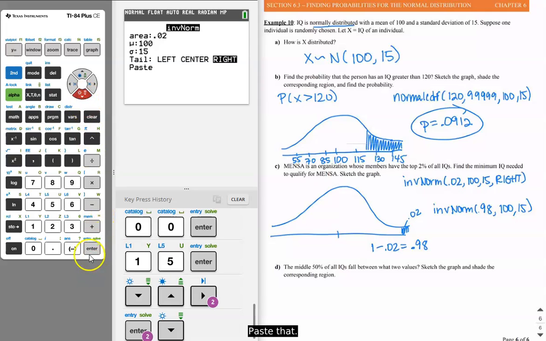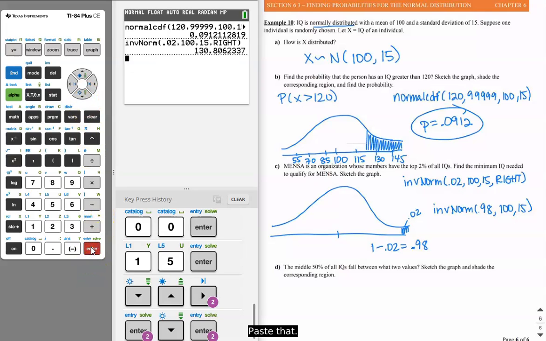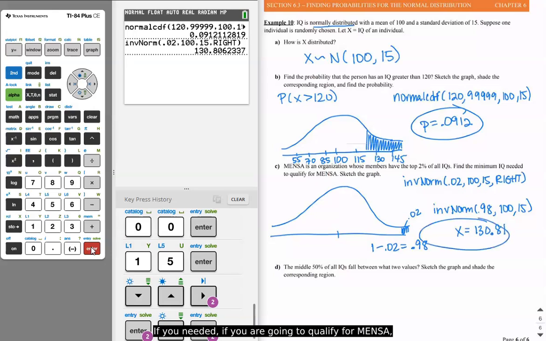Okay, so paste that. Whether you have the older version or the newer, you should get that x is roughly 130.81. So if you were going to qualify for Mensa, you would need an IQ score of at least 130.81 in order to qualify.